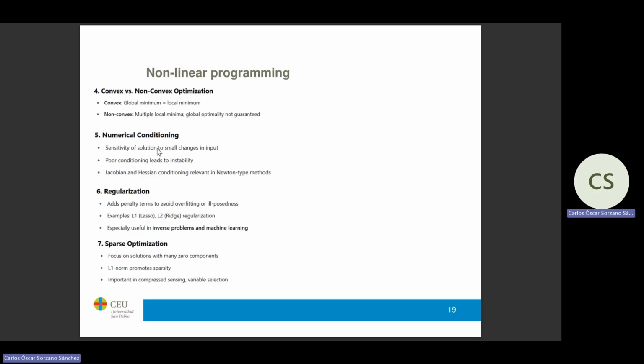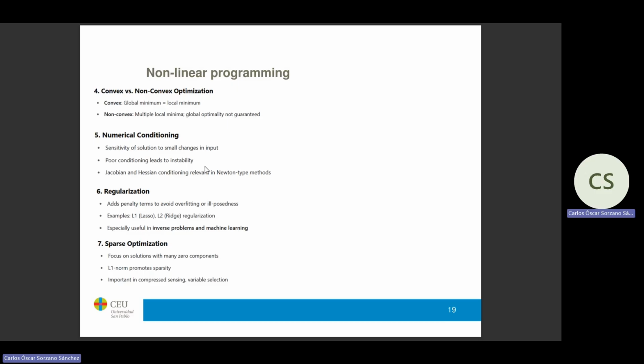Numerical conditioning has to do with the following: how sensitive is the solution to small changes in the input? If you change the initial point a little bit, does it converge to the same minimum? Poor conditioning leads to instability, and good conditioning always goes to almost the same minimum.